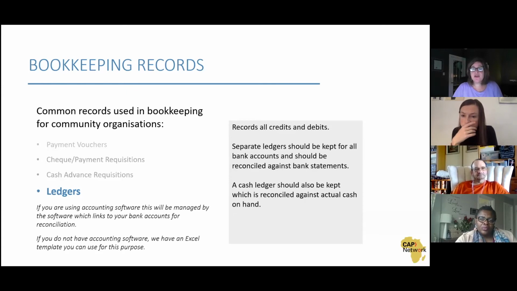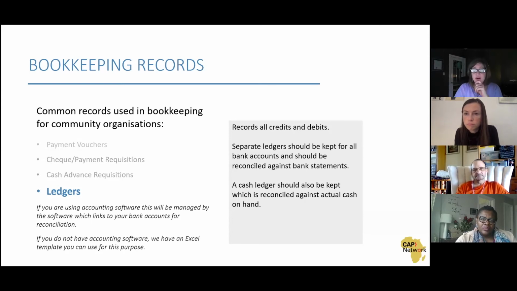Now, a lot of us are at this point probably using some sort of computer software that manages our ledgers for us. So you might be using an accounting software like QuickBooks, or I'm not sure which ones are sort of the most common where you are.